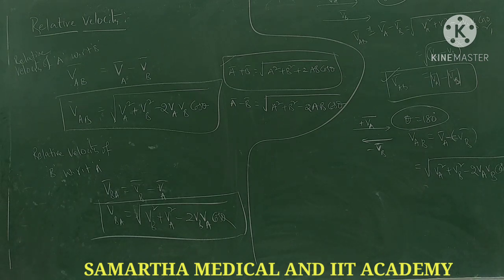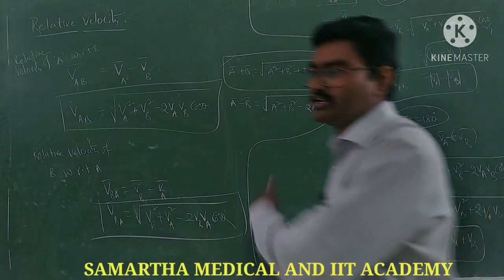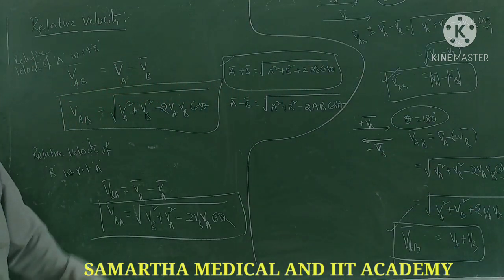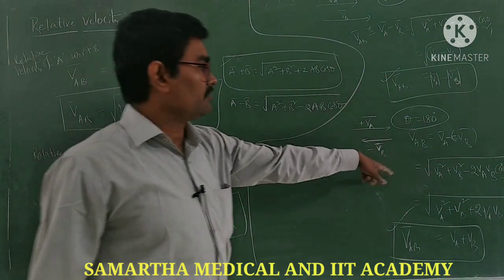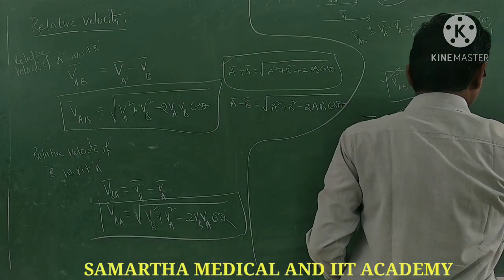Cos 180 is minus 1, so minus into minus gives plus 2 VA VB. So that means VA plus VB is the velocity of A with respect to B. When they are in opposite directions, you have to add both of them. So you get VA plus VB, since minus of minus VB is nothing but VA plus VB.